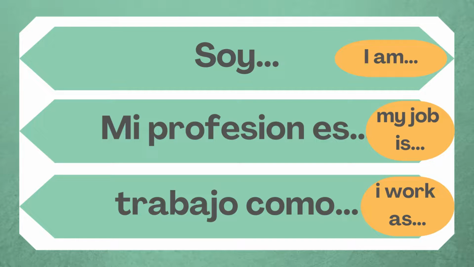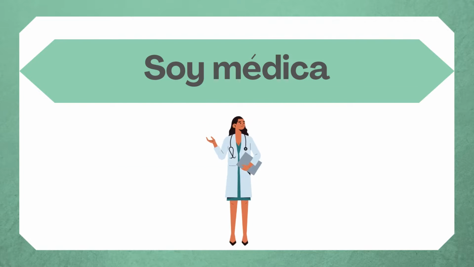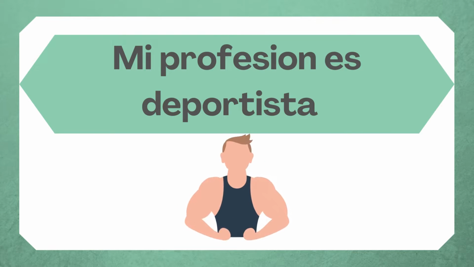So let's make a quick example for each option. Soy médica. I am a doctor. But the word médica is a female doctor. So if you are a male doctor, you have to say, soy médico. Mi profesión es deportista. The word deportista can be male or female.